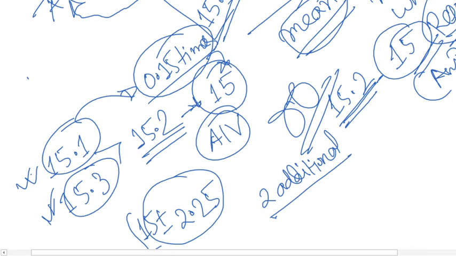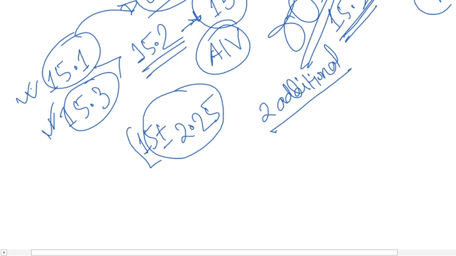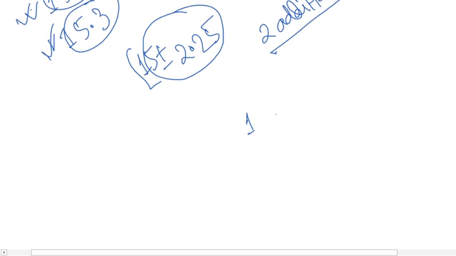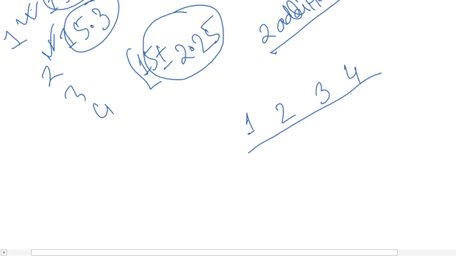If it were so, then you will have to conduct two additional tests. This was 1, this was 2, so a further 3 and 4, additional tests will have to be done.